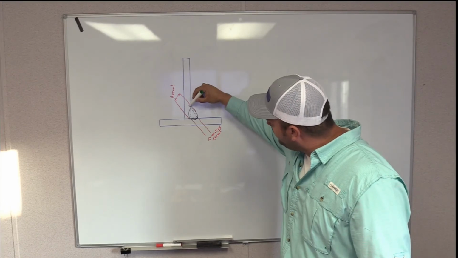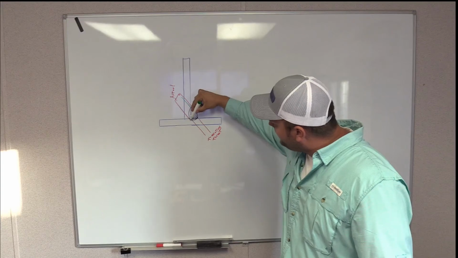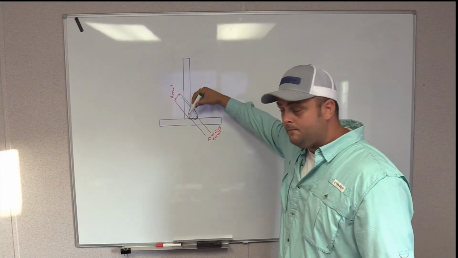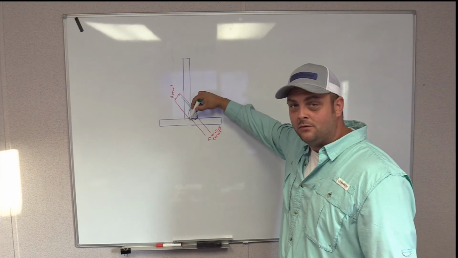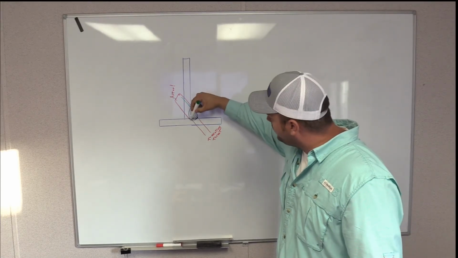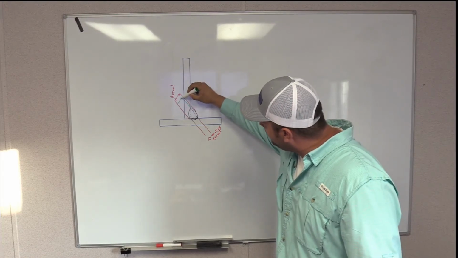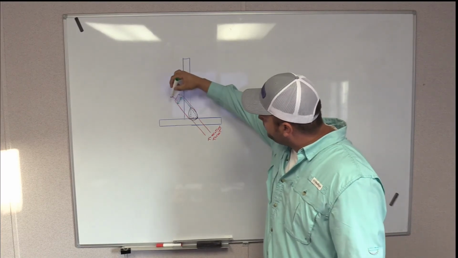So your effective throat comes off from right here, and it ends at the very back of this reinforcement, in the same spot that the actual throat is. So from here to here, that's your effective throat.